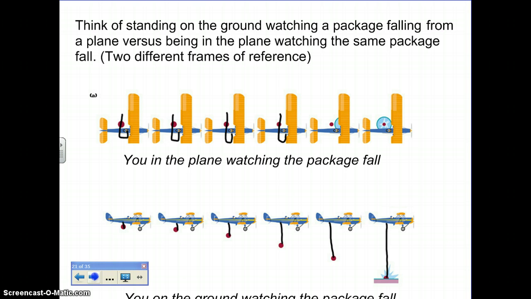But also, it's still in that same position relative to the pilot, to where the package is dropped. But what are you seeing this package doing? You're seeing this package follow a parabolic path, a trajectory, right? So this object is utilizing the x and the y axes simultaneously. This one is displaying 2D motion, whereas this one's only displaying 1D motion. It's always in the same position as you're going.